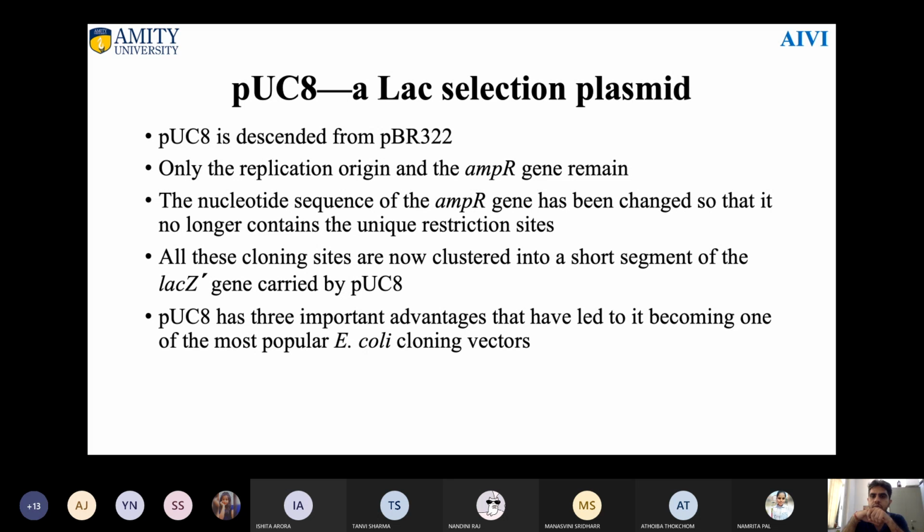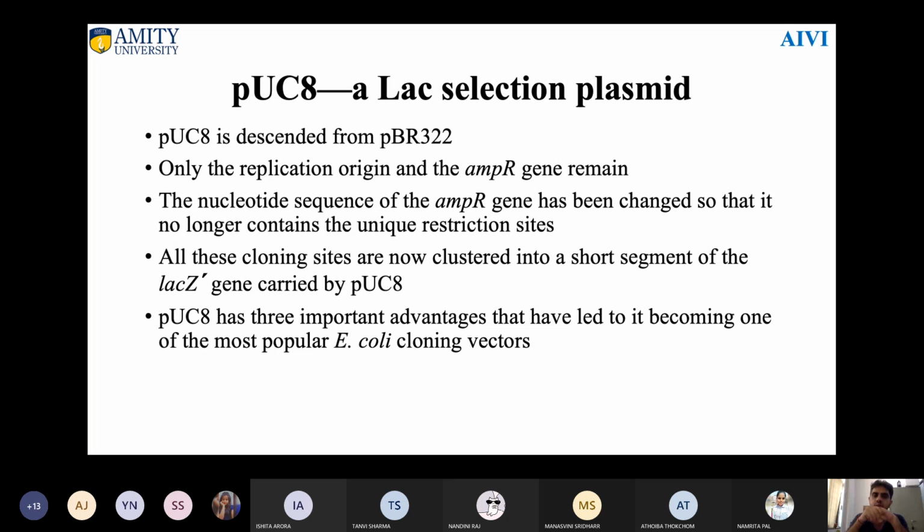The nucleotide sequence of it has been changed so that it no longer contains unique restriction sites. Further, you shorten it down, you cut it down, so that the restriction site that was present within the ampicillin resistance, you remove. So we are now not insertion inactivating the gene.